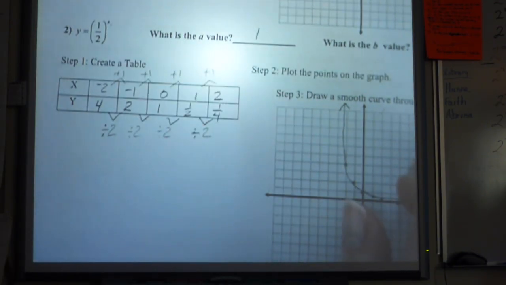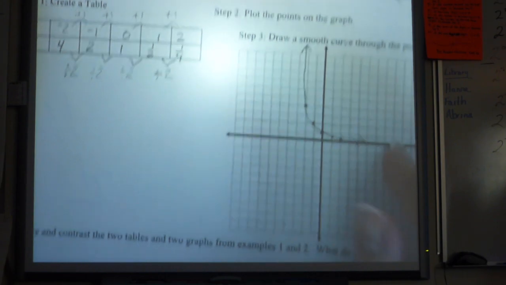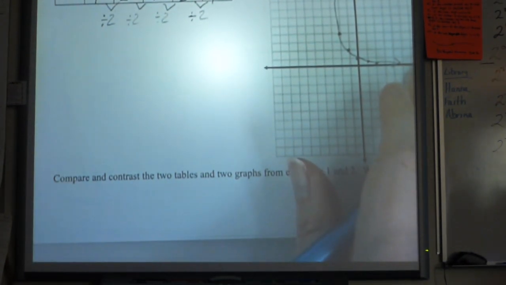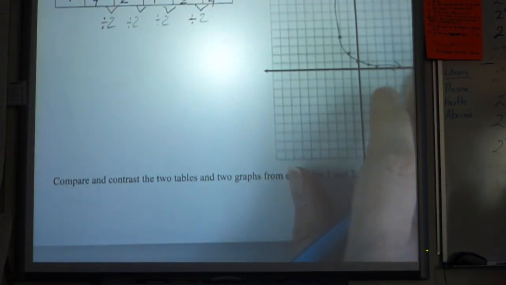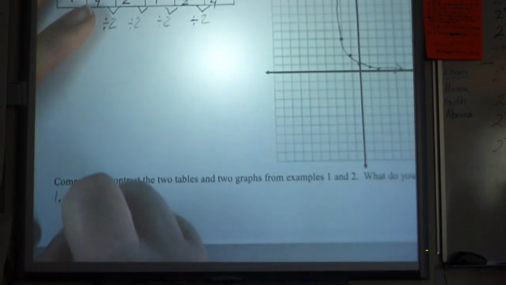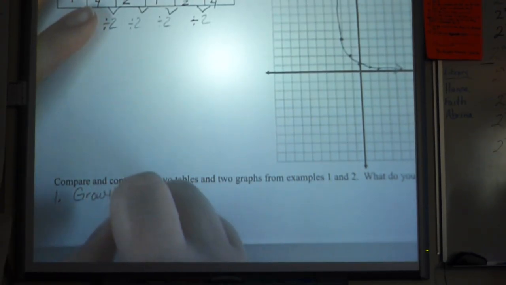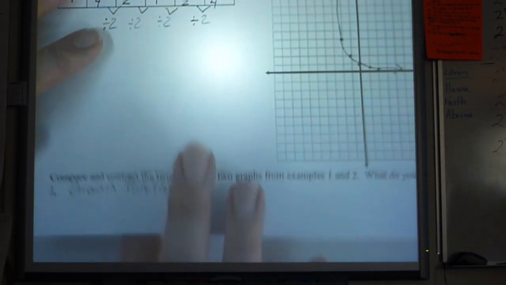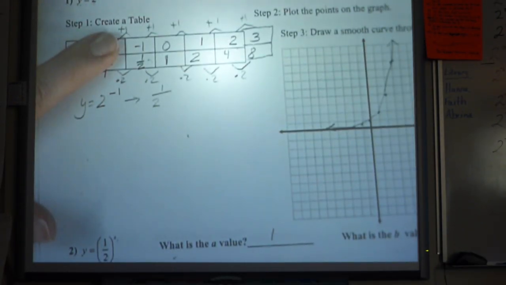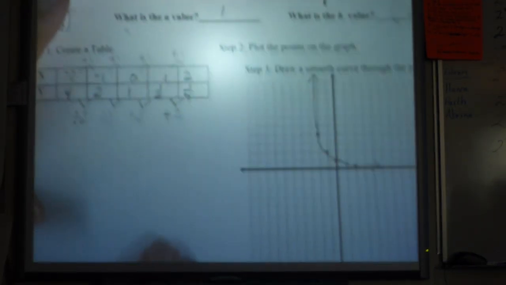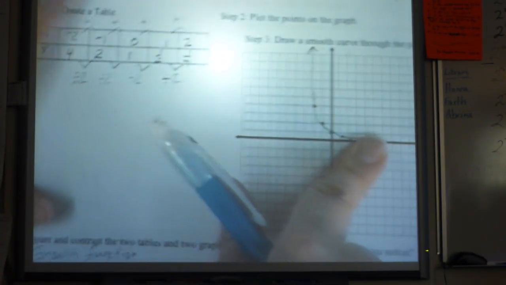Okay, so compare and contrast the two tables and graphs. What do you notice? Number 1 is a growth function. And I've noticed on number 1 that as x increases by 1, y increases by a factor of 2. Then I'm also noticing number 2 is a decay function.